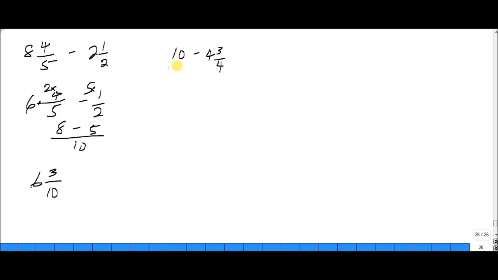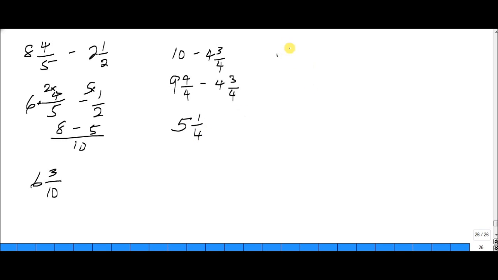We will take 1 out of the 10, so we have 9, and that one we turn it into a fraction, calling it 4/4, minus 4 3/4. Since the LCM is already the same, we say 4 from 9 will leave us with 5, and 3 from 4 will leave us with 1/4.